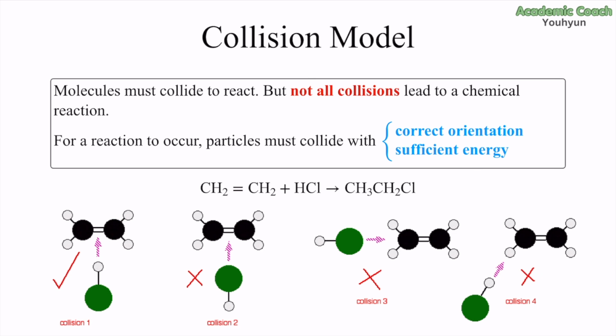There is a double bond between the carbon atoms, and each carbon atom is attached to two hydrogen atoms. We need to make sure that it's the hydrogen that attacks the bond between these two carbons, because eventually, when CH3CH2Cl is formed, there would be three hydrogens surrounding that carbon atom.